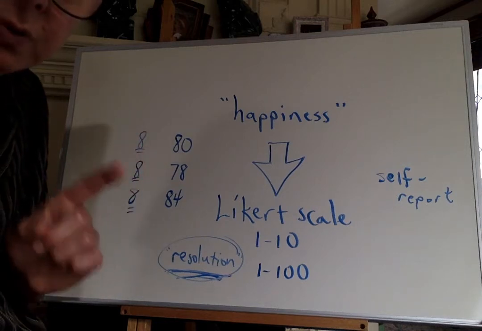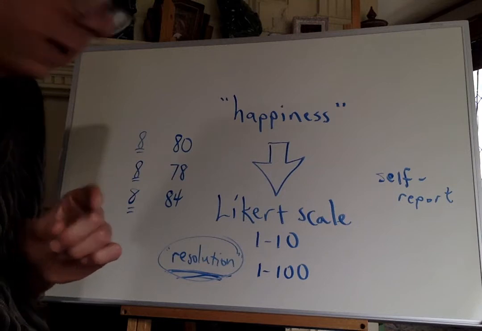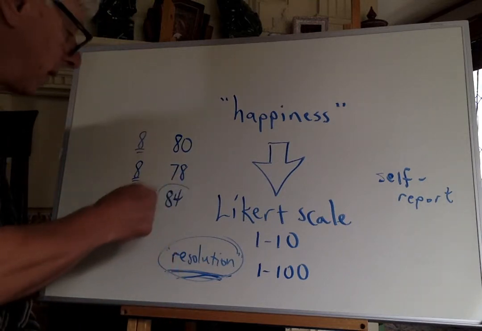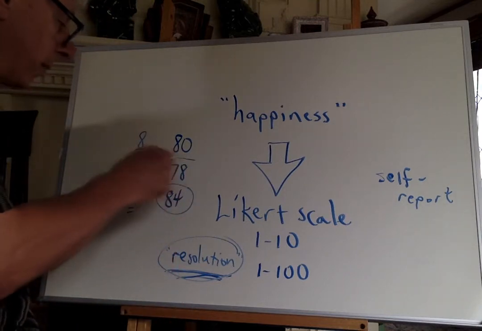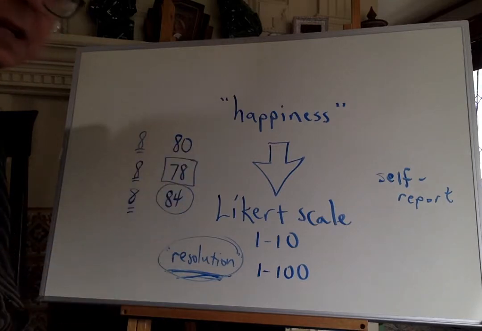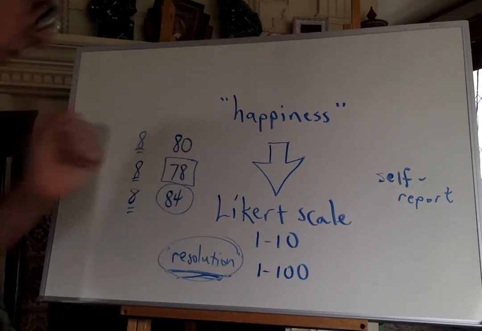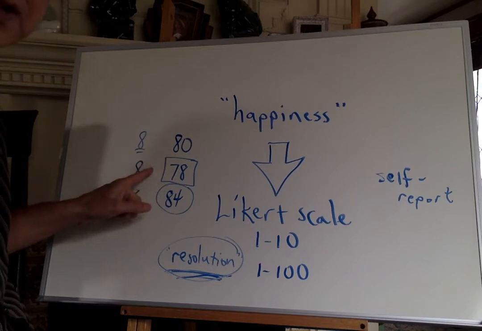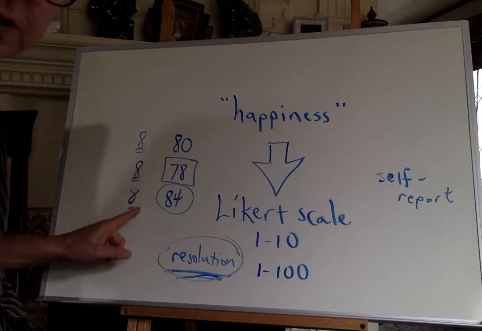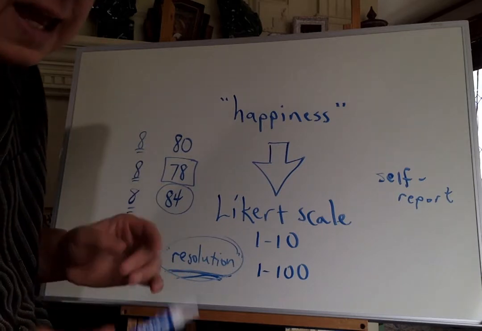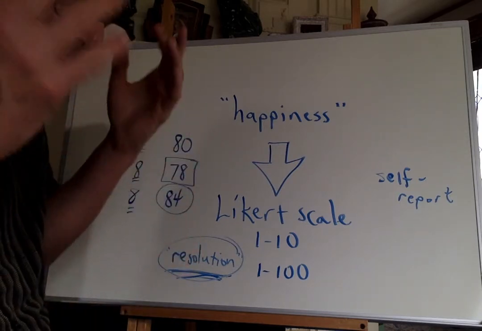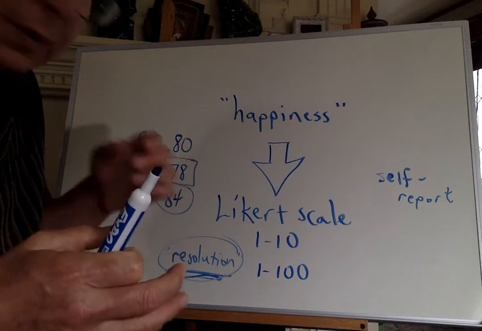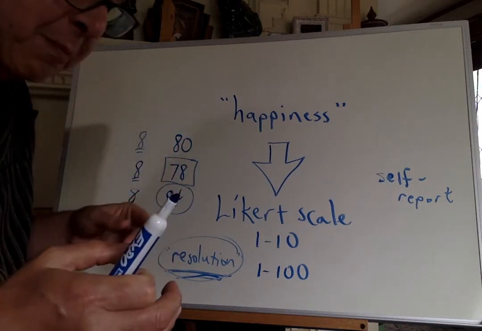I still don't know if this is accurate, because even if someone said 84, and we compared that to someone that says 78 for happiness, I still don't know if this person is not as happy as this person, because everybody has their own little ruler of how they're judging their happiness, right?